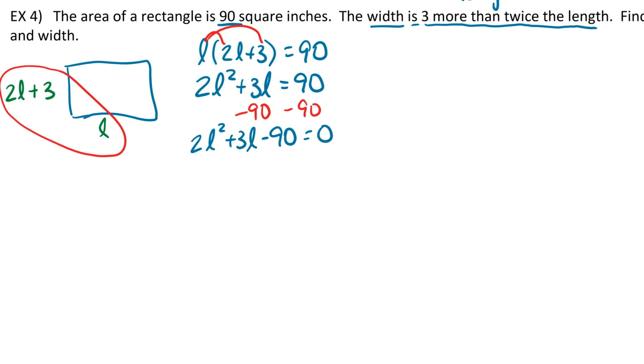And now we can go ahead and do our chart. So A times C would be negative 180, and B is positive 3. So we need two numbers that multiply to negative 180 and add to 3. So in this case, it's going to be negative 12 and positive 15.